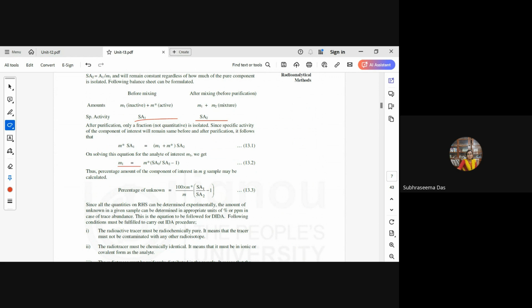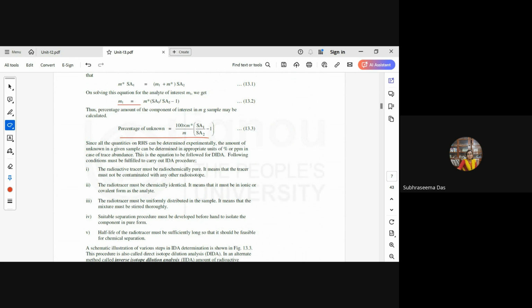From this equation we can further calculate the percentage of the unknown compound present in our analyte mixture. Since all the quantities can be determined experimentally, in equation 13.3 the amount of unknown in a given sample can be determined in appropriate units of percentage or ppm. This is the equation to be followed for direct IDA.